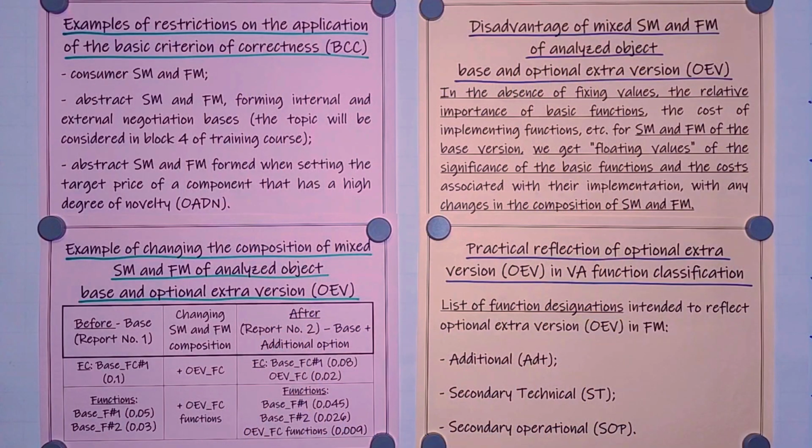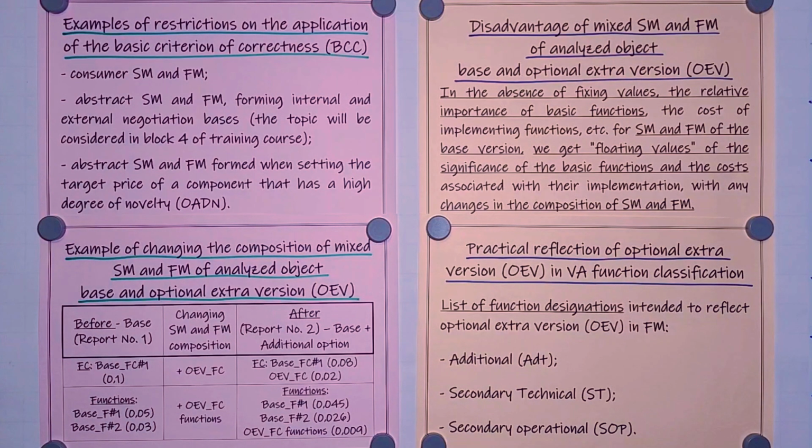In accordance with the classification set out in issue number 7, functions intended to highlight elements related to optional extraversions are additional, secondary technical, and secondary operational.